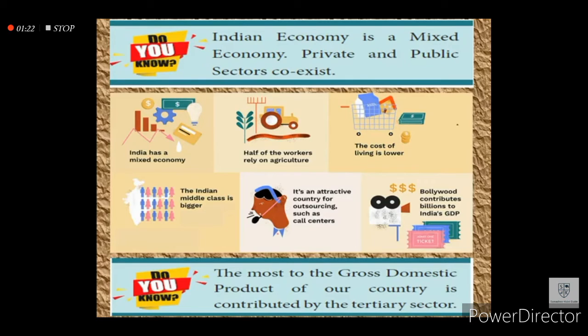Children, an economic activity owned and managed by the government is called the public sector. An economic activity owned and managed by an individual or a group of individuals is called a private activity or private sector.